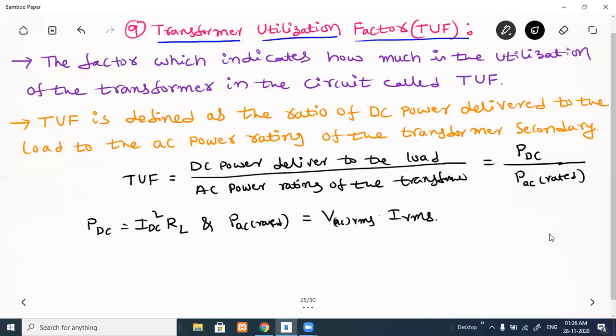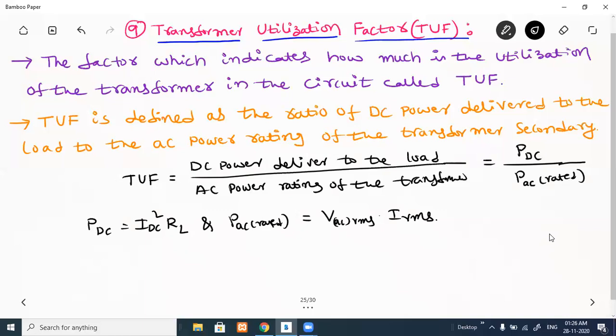So the current flowing through the circuit in terms of RMS value is IRMS. If that IRMS is multiplied with the voltage rating of the transformer secondary RMS value, then we are getting PAC rated.